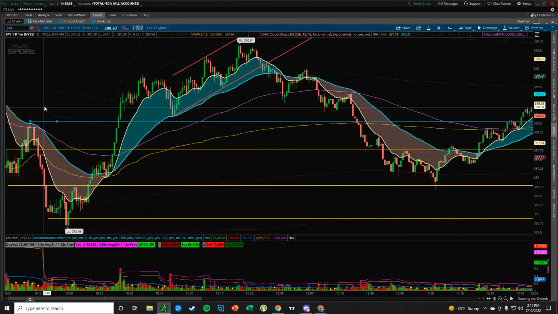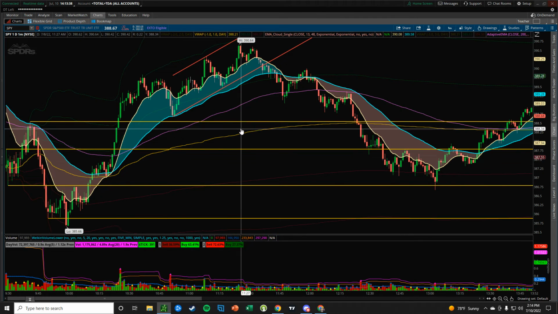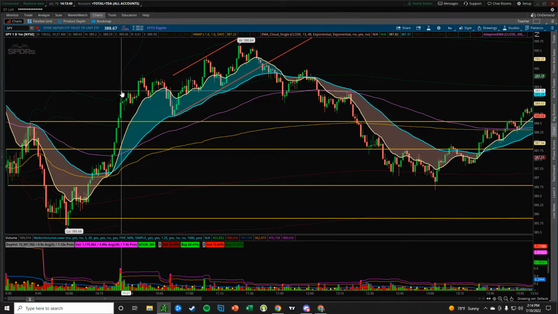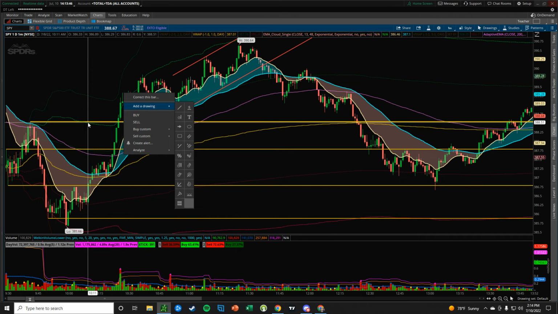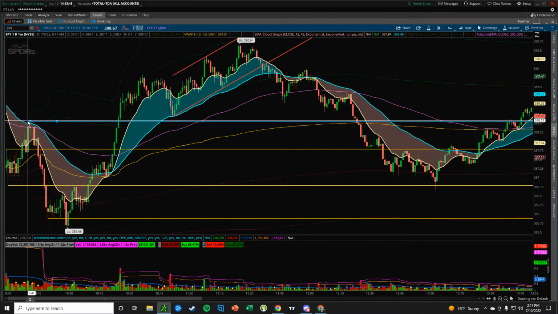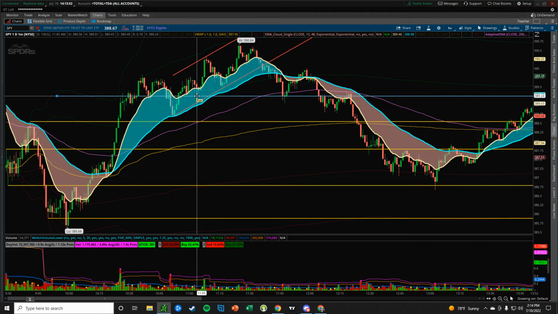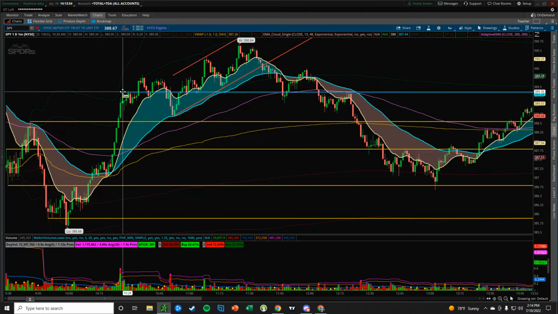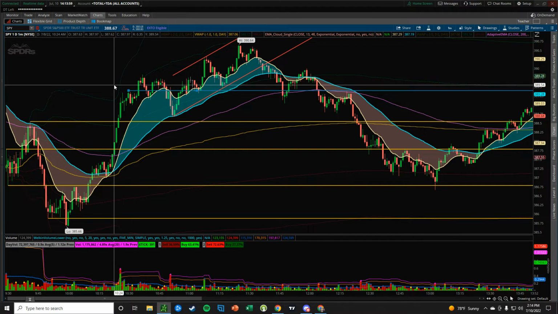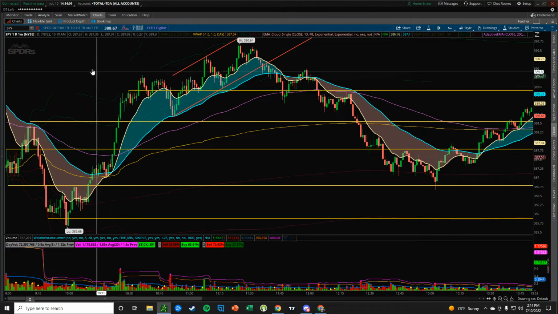There we go. All right. Oh, this is another important one. We're going to go ahead and put a little line there as well. Oh, that up move wasn't done yet. That's the end of the up move.